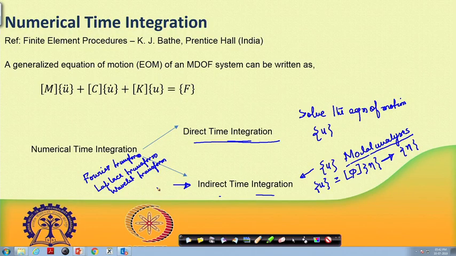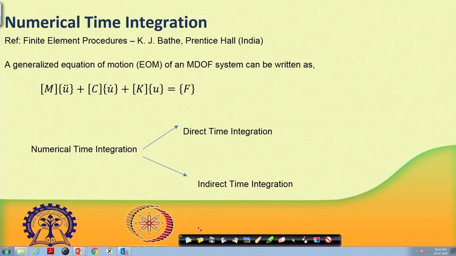We will not talk about Fourier transform and indirect time integration schemes here. We will mostly talk about direct time integration schemes because these are more popular. Though I should mention that indirect time integration schemes are also used very often by several researchers for solving a special class of dynamics or vibration problems.